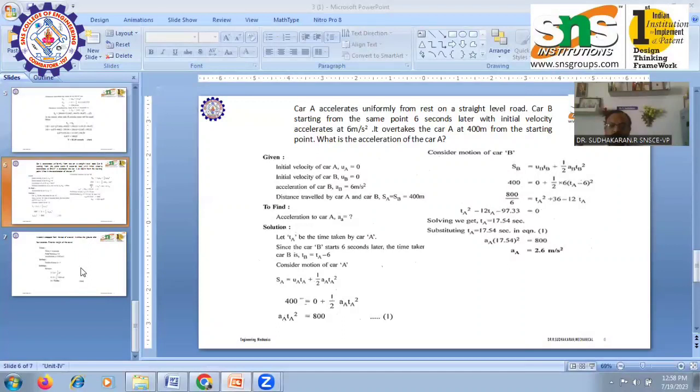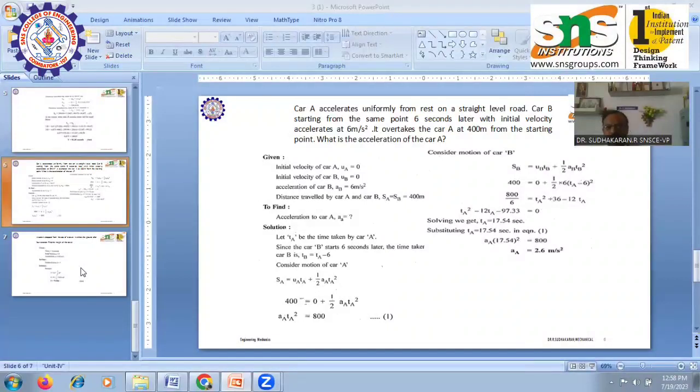TA we found as 17.54, minus 6 seconds, which will give you TB, which is equal to 11.54 seconds.